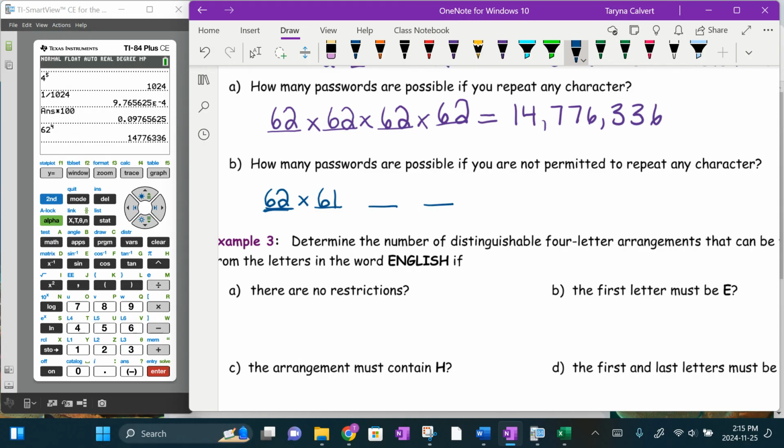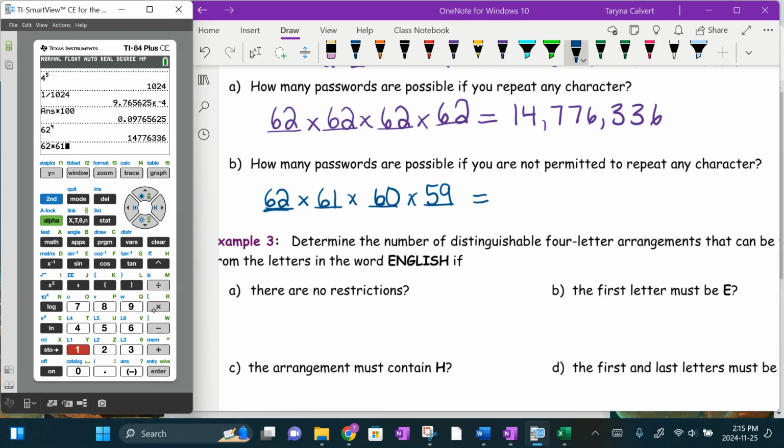So now I have 61, and then 60, and then 59. How is that sitting with everybody? Does it make sense it goes down by 1, not by 4? Because only one letter or number can be in each spot. So then 62 times 61 times 60 times 59.